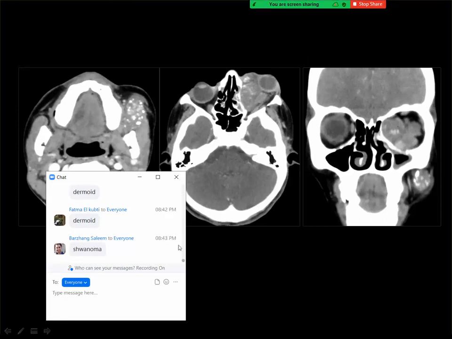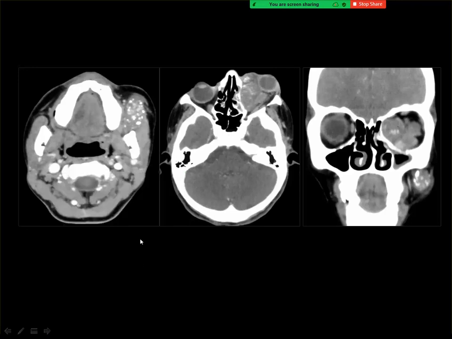No, and this is not a schwannoma. The calcified phleboliths are very characteristic in this particular case, and the answer of hemangioma is good.